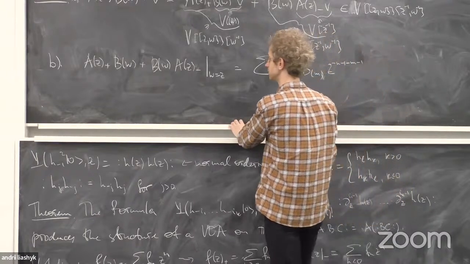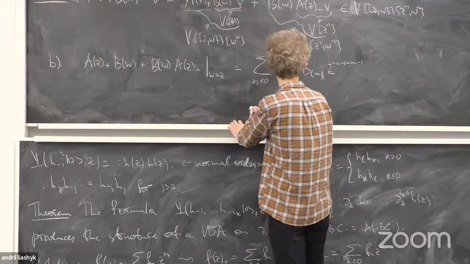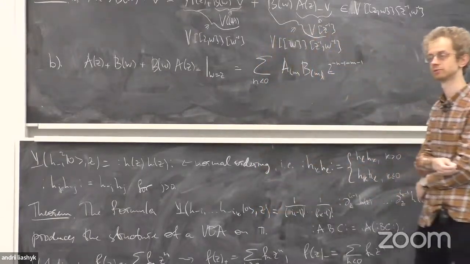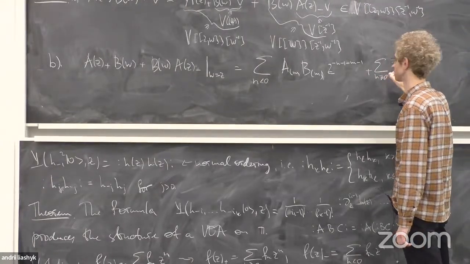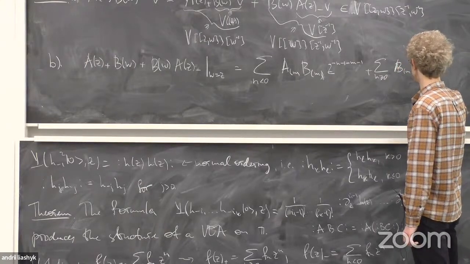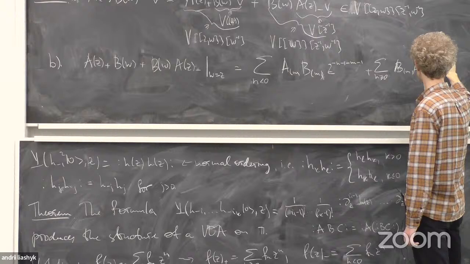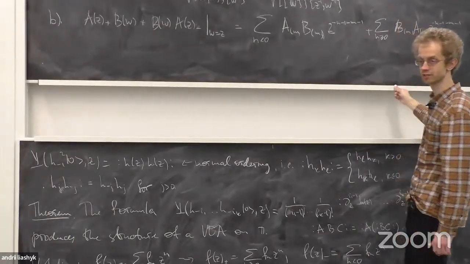And here we should put n negative, right? Plus B_m A_n Z to the minus n minus 1 minus m minus 1. Did I write it correctly?